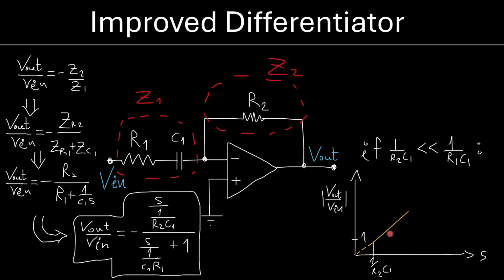Now it gets amplified, and this part of the equation holds true up until a point where this frequency becomes big enough to be close to this frequency. And then when these two are comparable, this frequency reaches a point where it is much higher than this. What we call the pole of the function.